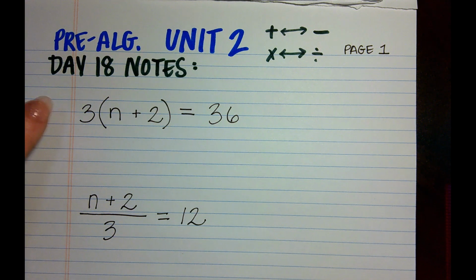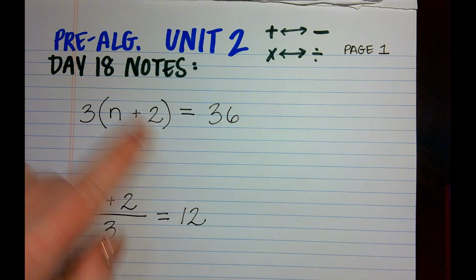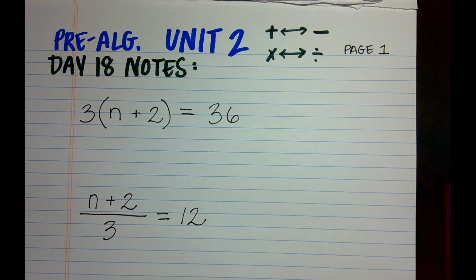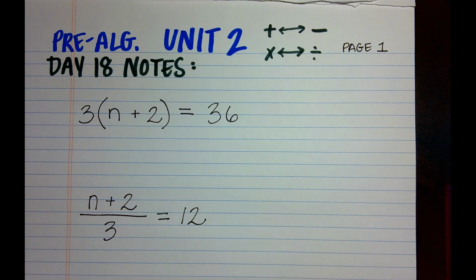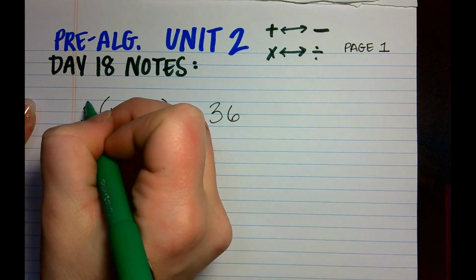So does anybody remember, what does this mean when I have a number outside of something in parentheses? What am I doing? It's multiplying, multiplication. So we talked briefly about this yesterday. There's 2 ways we could start this problem. What's one way I could start this? Yes, you can multiply the 3 and the n and the 2.